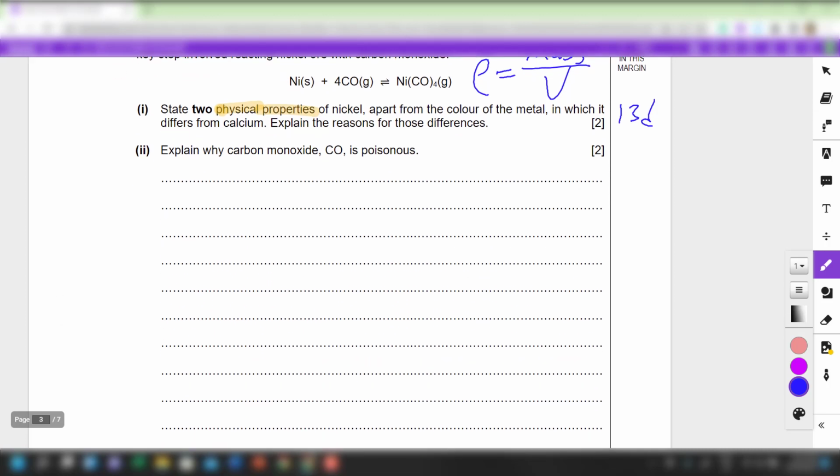Okay, so next we are looking at C2, where you are required to explain why carbon monoxide is poisonous. Those of you who did bio, you can tell me about competitive inhibitor, etc. We don't need to go into details, but basically the main idea here is that carbon monoxide displaces oxygen from its binding with the iron 2 in hemoglobin.